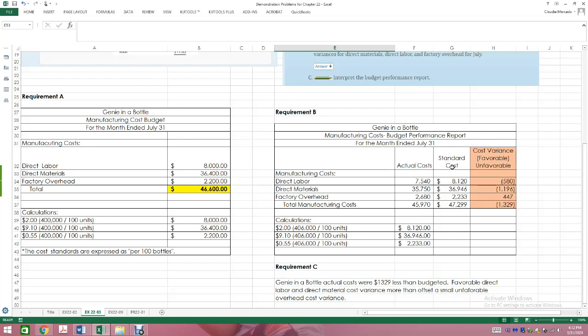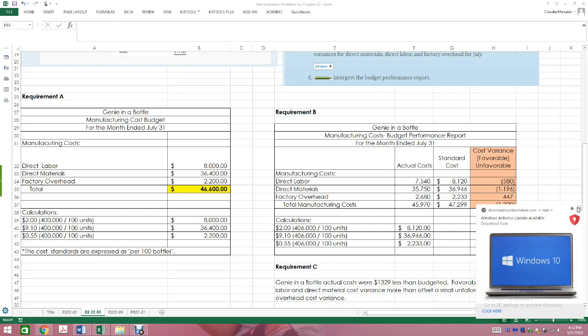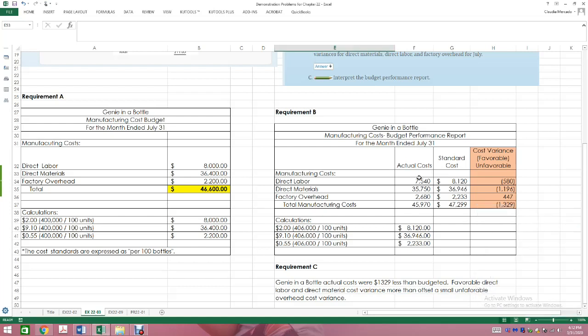Once we have our standard cost, which is basically your budget, you compare your actual to your budget and figure out your variance. Is it favorable or unfavorable? If your actual cost is less than your budgeted or standard cost, that is a favorable variance. If your actual cost is more than your standard cost, then that's an unfavorable variance.